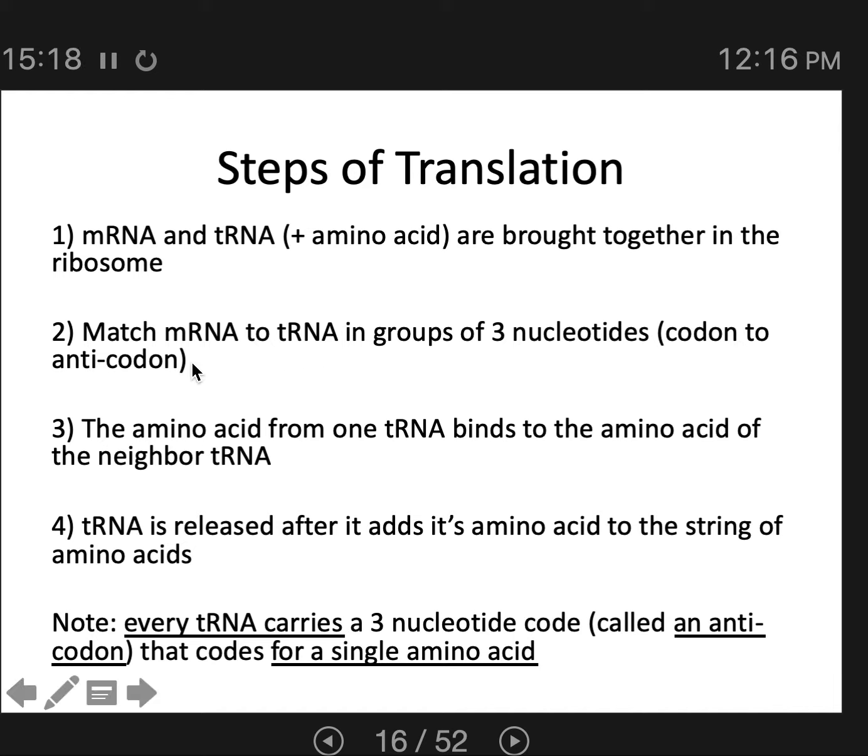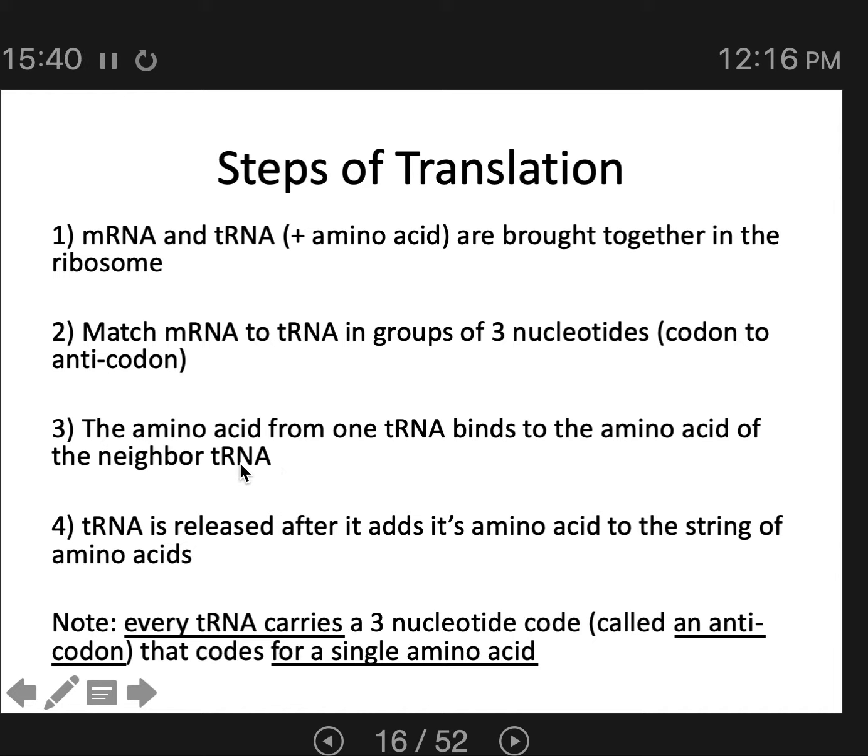So the codon is AUU. The anticodon is UAA, so the transfer RNA with UAA is brought into the ribosome because it matches, and its amino acid is put onto the building amino acid chain.